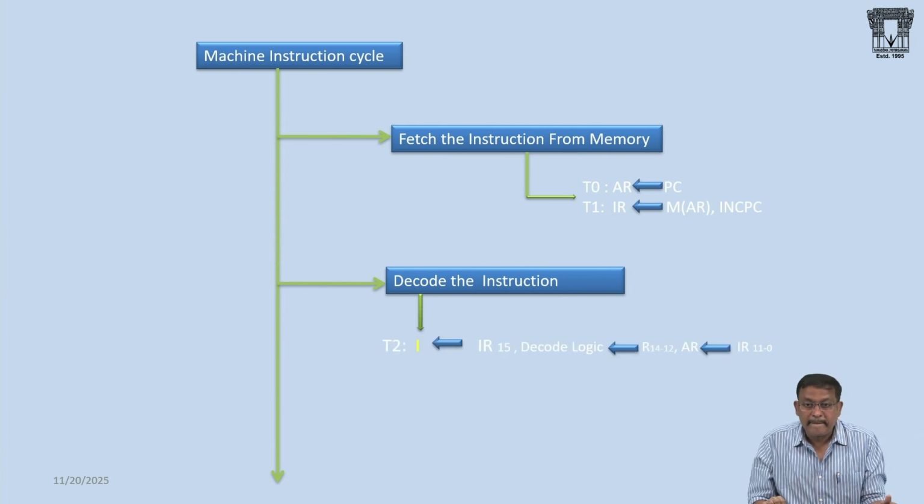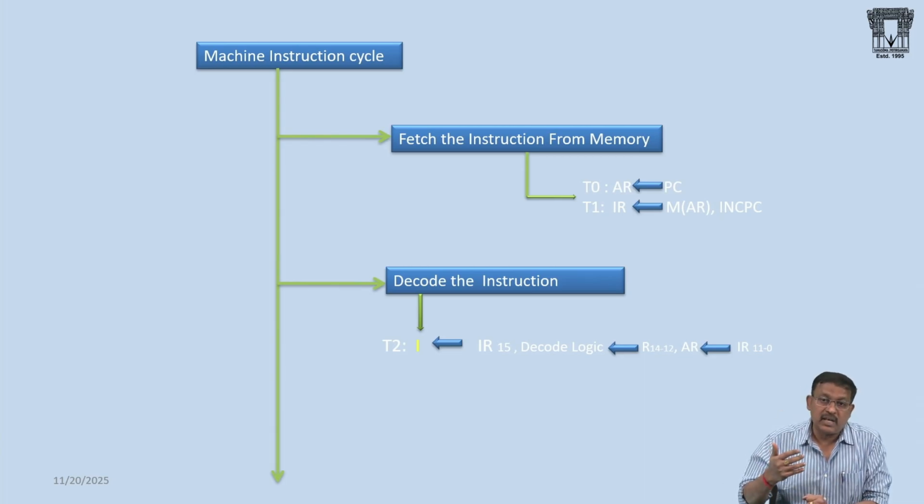Look at this. IR 0 to 11 are the address bits, which are stored in the instruction register. That is, IR 0 to 11 bits are transferred to the address register. So if it is an address, then I have to access the memory to get the data for execution of the instruction. That is the reason why address bits IR 0 to 11 are loaded into the AR register.